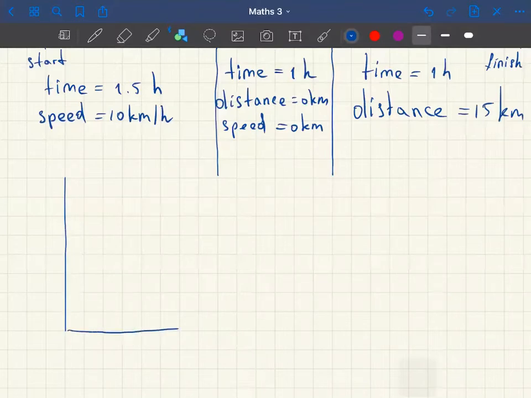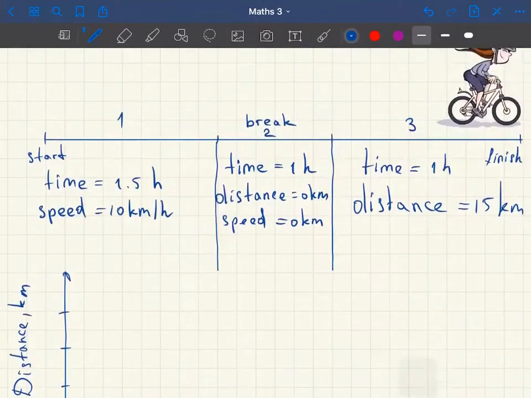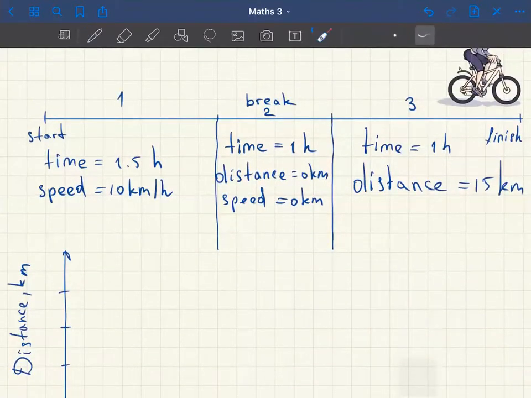Let's do it. In a distance time graph, we normally use the y-axis as distance. So here we will have distance in kilometers, and here we will have time in hours. The problem is that we don't know the distance for the first region, but we can use the formula for distance, which is distance equals time times speed.